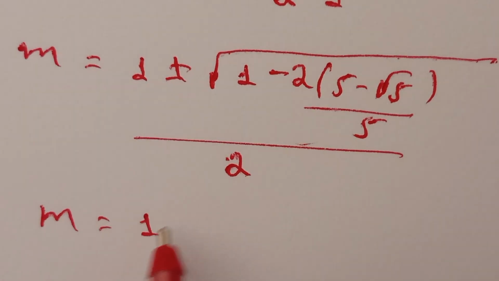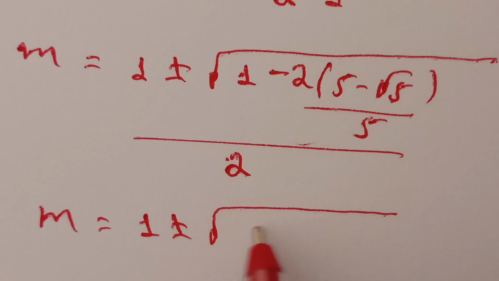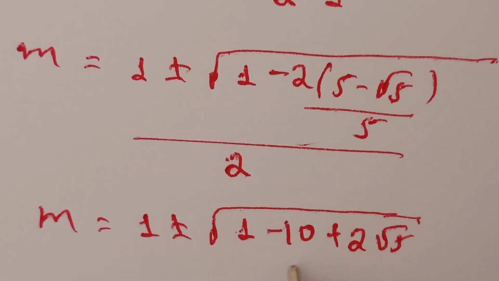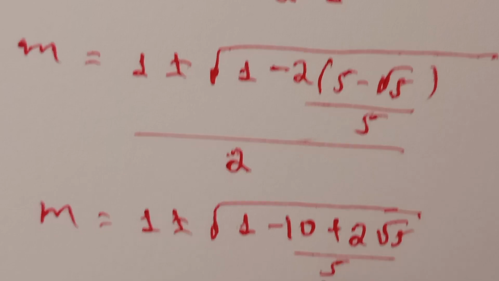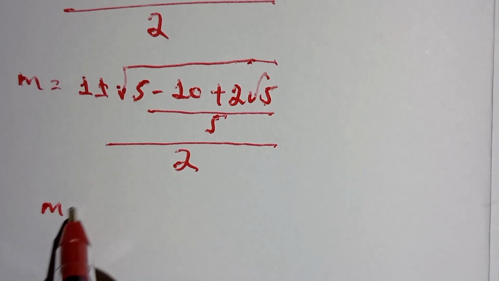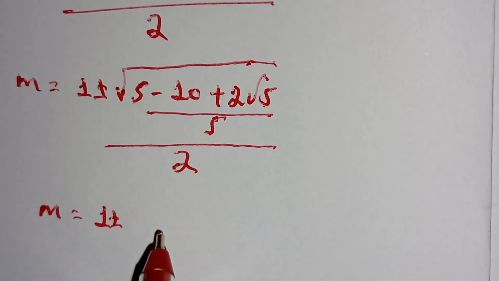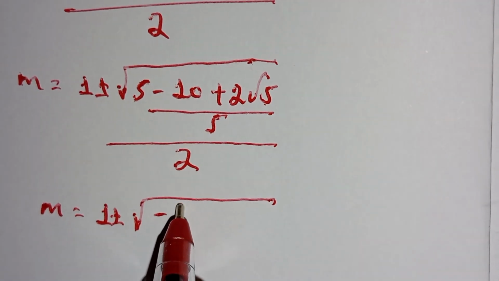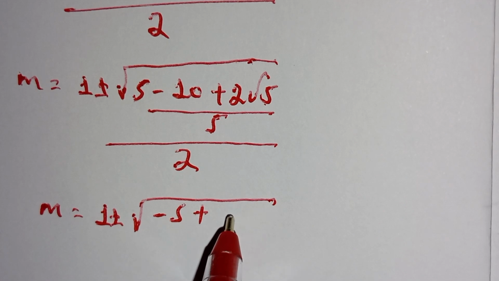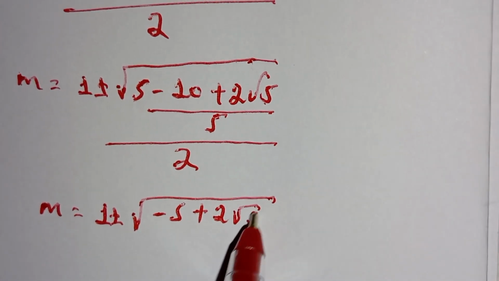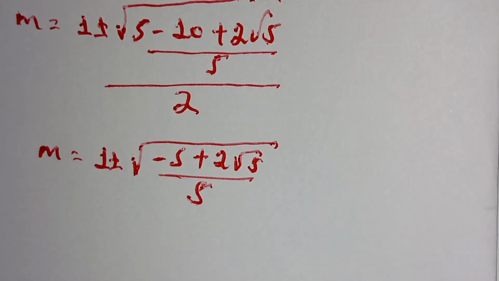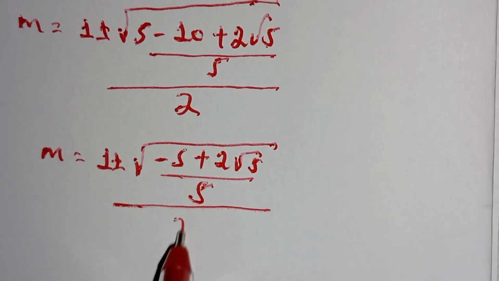So m is equal to 1 plus or minus the radical 1 minus 2 times (minus 5 plus 2 radical 5) over 5, over 2. m is equal to 1 plus or minus under radical 5 minus 10 minus 5 plus 2 root 5 over 5 and over 2.